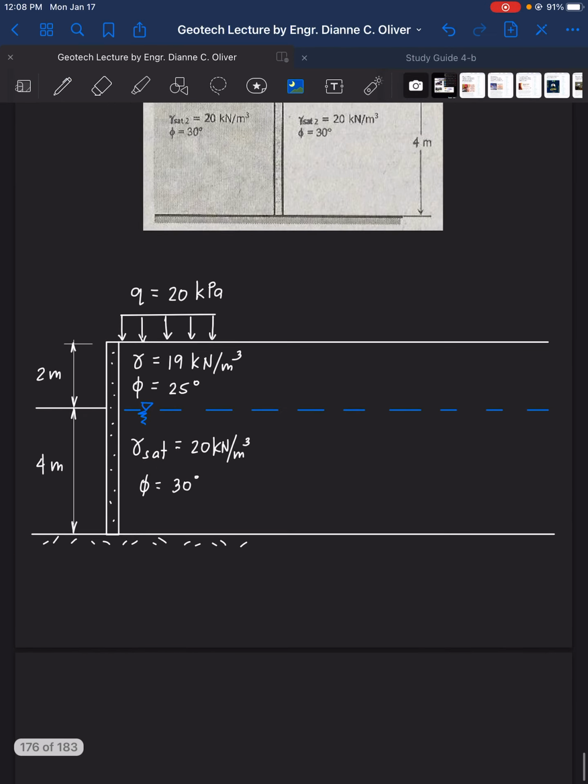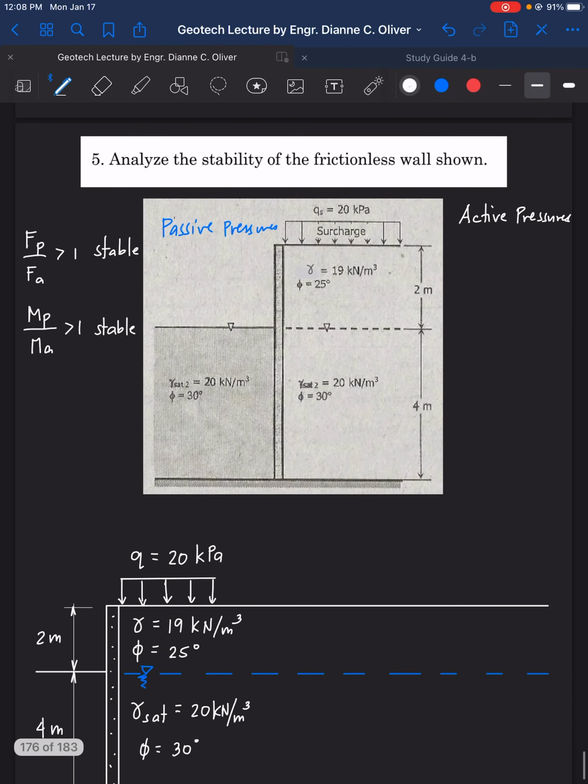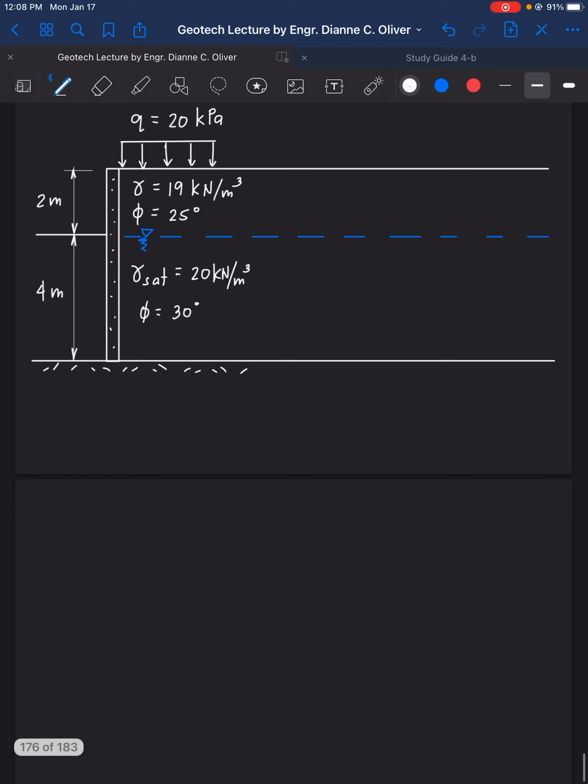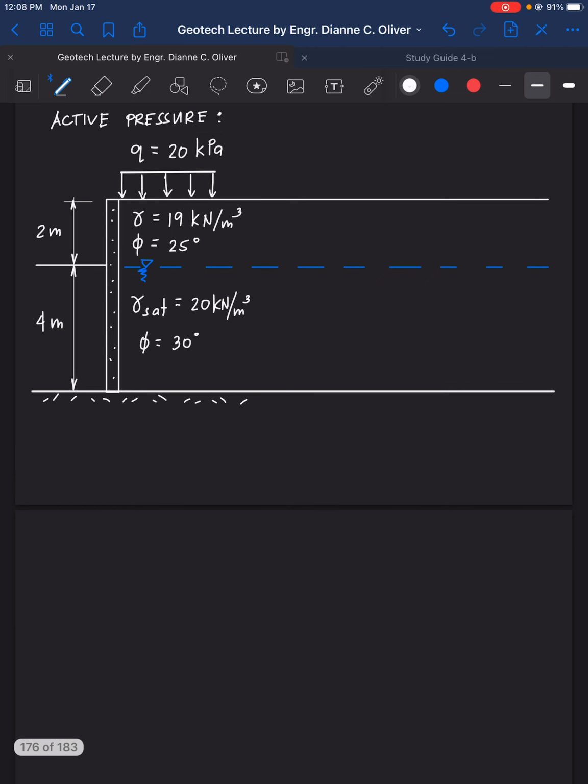Start with the right side. Let's start with the active pressures. Let's write here active. So these are the active pressures. We don't have cohesion. We have surcharge, soil, and water only.